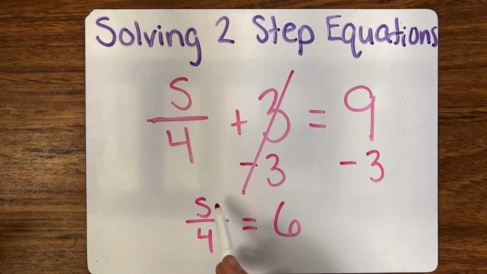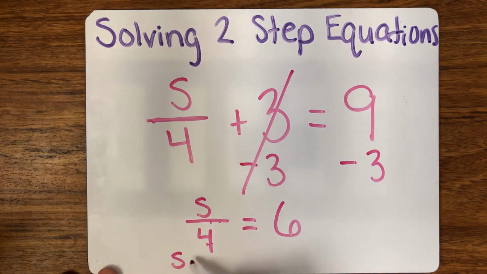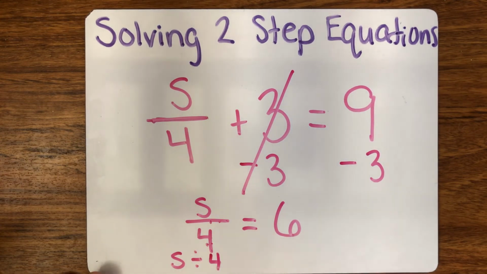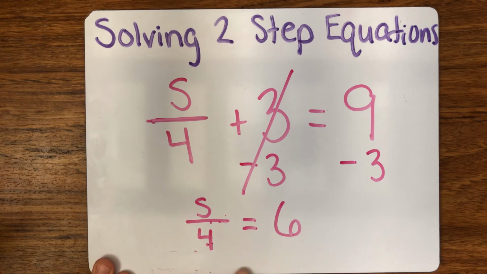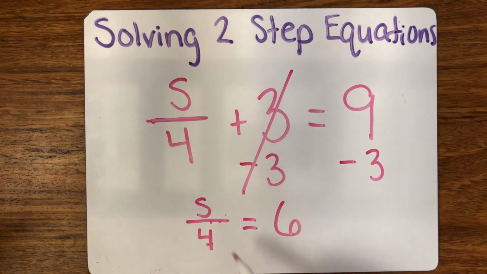So we determined that this line stands for division. So s over 4, or s divided by 4, is the same exact thing as just writing s divided by 4. Both of these things are exactly the same. All right? So you can write it like this, or you can write it like s divided by 4.